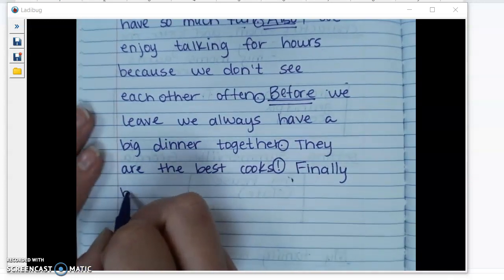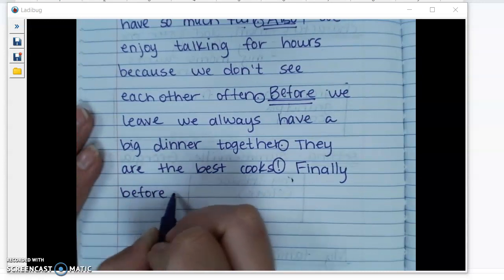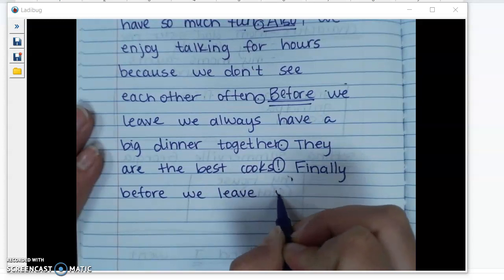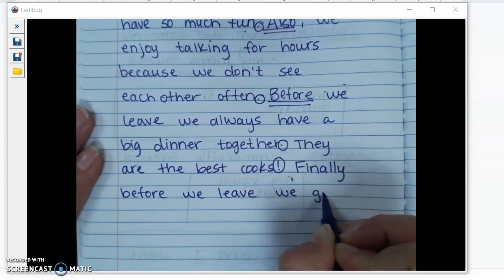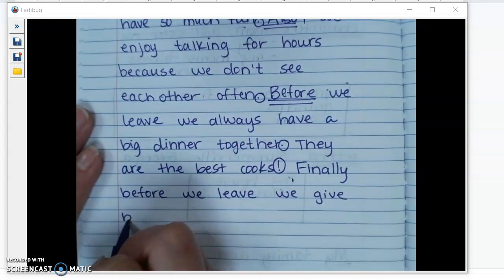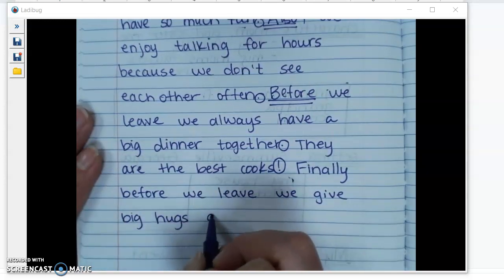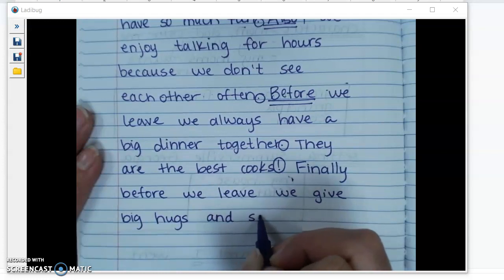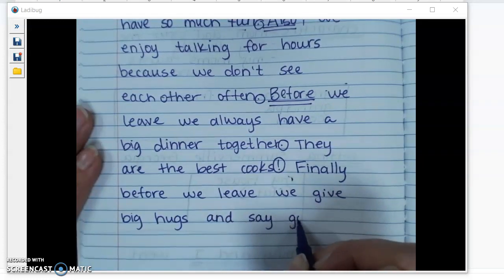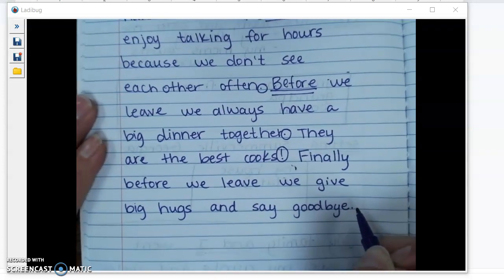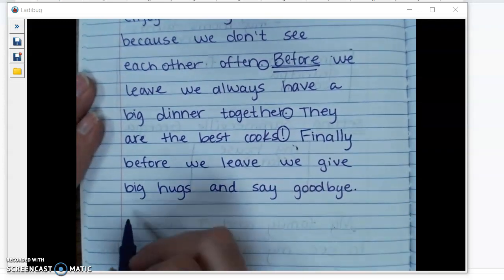Finally, before we leave, we give big hugs and say goodbye.